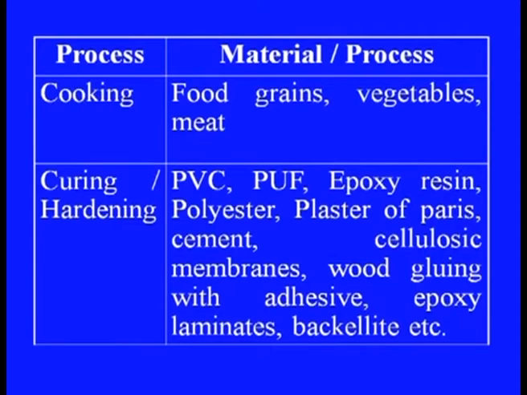These polymeric materials include polyvinyl chloride or PVC in short, polyurethane foam, like puff what we call, then epoxy resin, polyester, plaster of Paris, cement, cellulosic membranes, wood gluing with adhesive, then epoxy laminates, bakelite and so on.